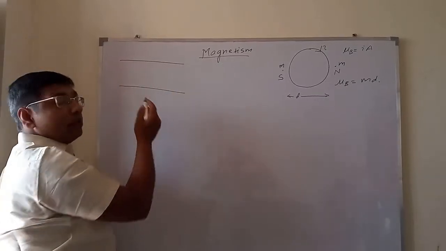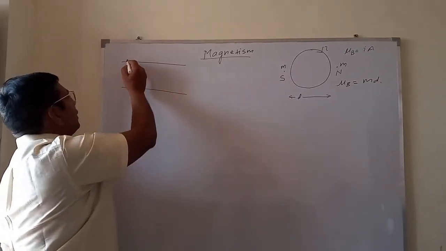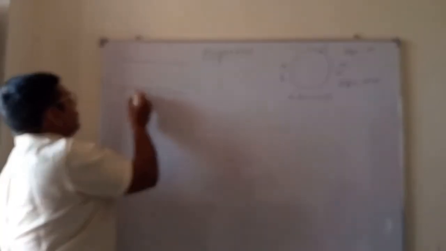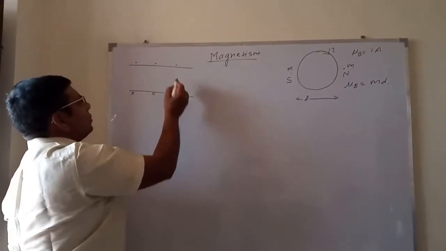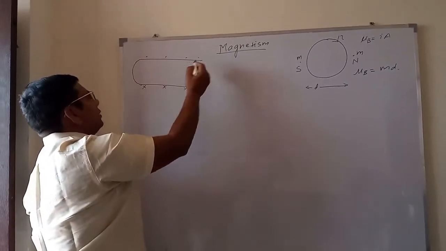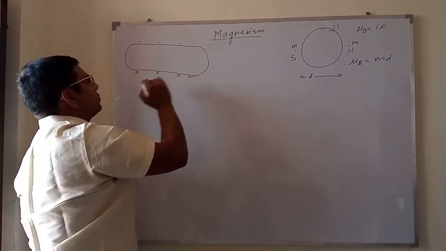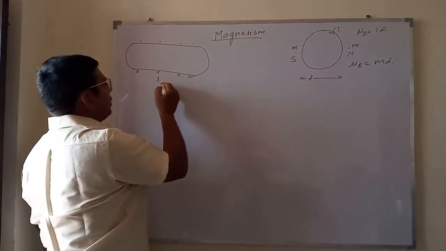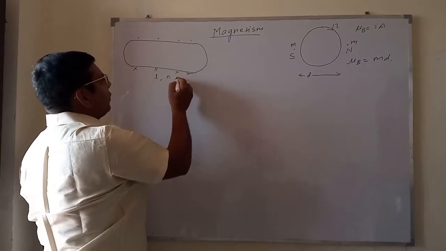It has n turns per unit length and the current flowing is I. We can show that the current is going into the paper here and out of the paper here. We can show a very long solenoid, length L, number of turns N, and current flowing is I.